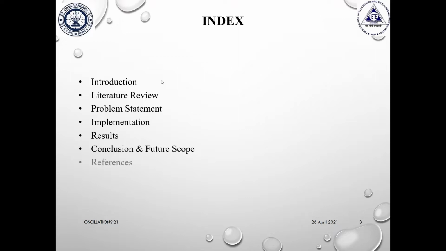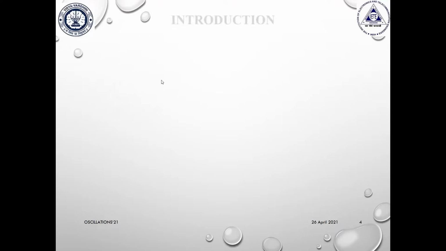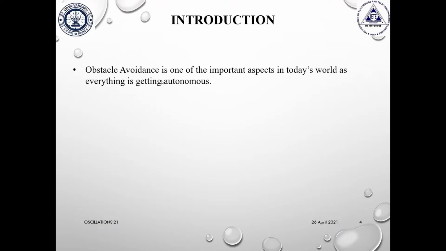Starting off with what is an obstacle avoidance car. Robotics is a part of today's communication. In today's world, robotics is a fast growing and interesting field which will make human life simpler. Nowadays, many industries are using robots due to the high level of performance and reliability, which is a great help for human beings.